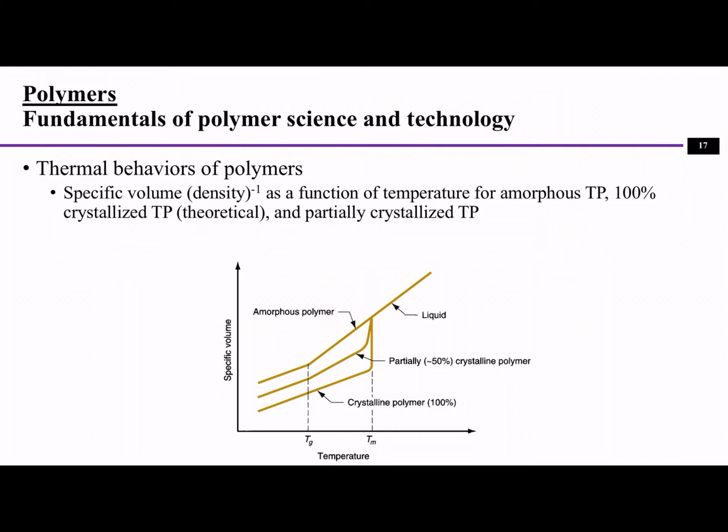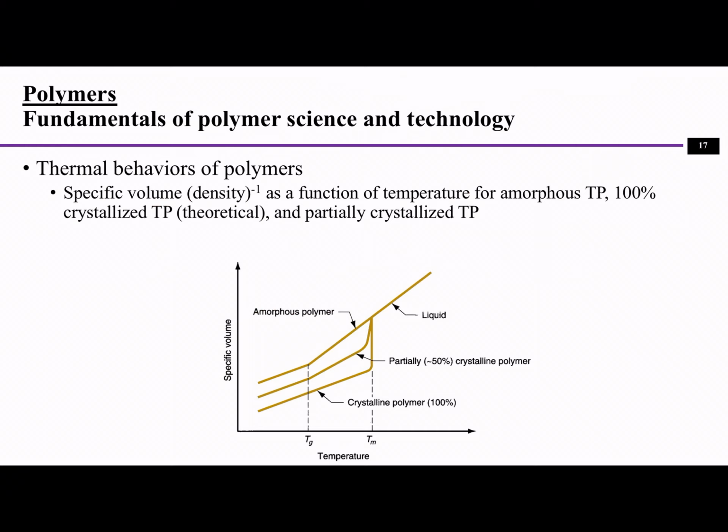Now let's look at different structures of the polymers and how they affect its thermal expansion property. Polymers with some crystalline structure will perform some of the properties like metals.